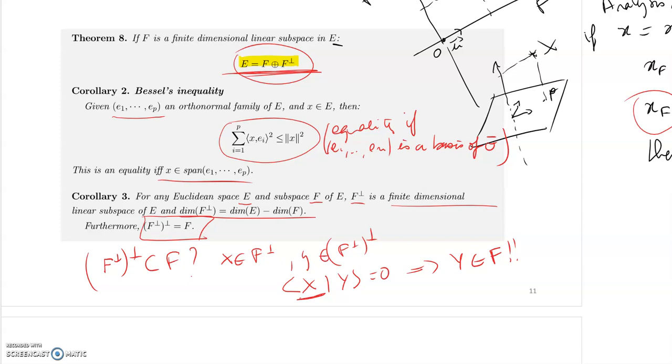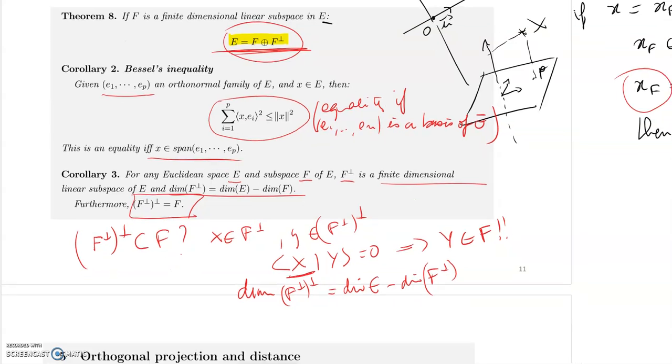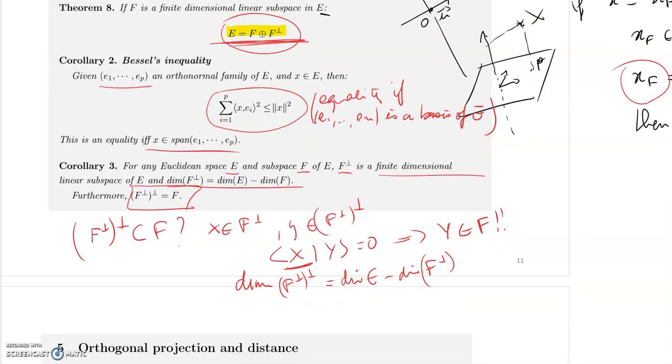All right. So we have this, and also from the dimension consideration that's just above, we get that the dimension of F orthogonal is equal to the dimension of E minus the dimension of F. But by the previous result, this also is equal to the dimension of the orthogonal of the orthogonal.